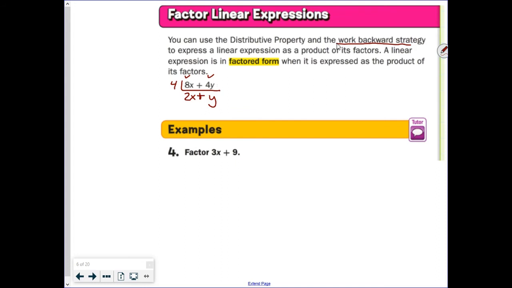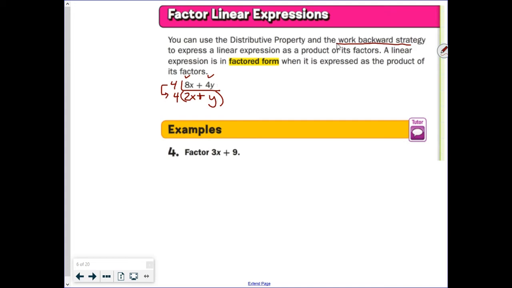Now there is not a number that goes equally into 2x or into y. So I'm going to put that inside parentheses, and then drop my 4 down outside of the parentheses. That gives you 4 times (2x plus y).